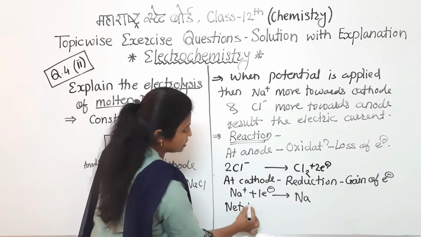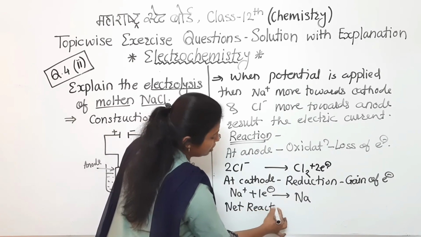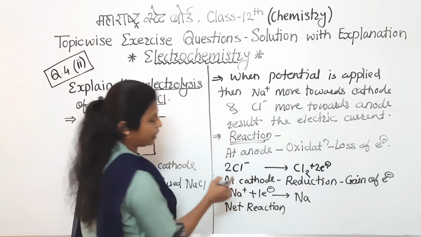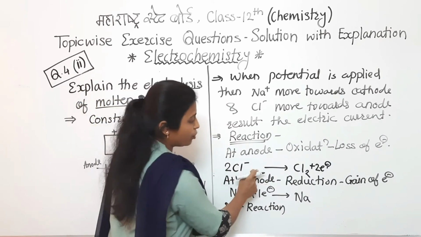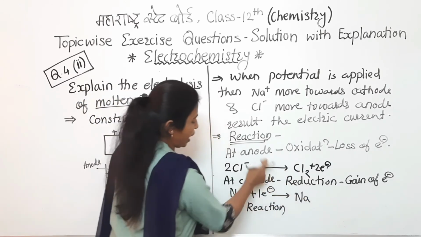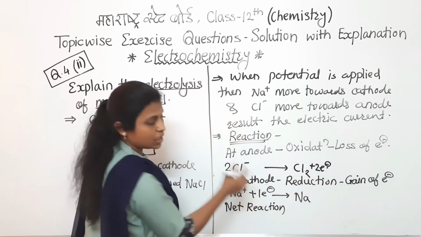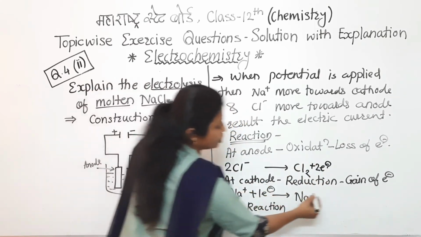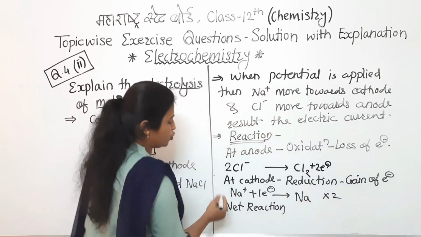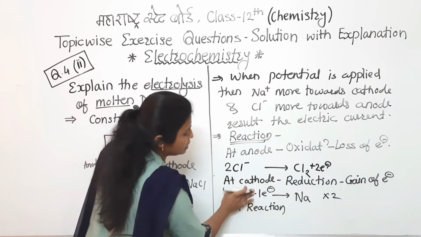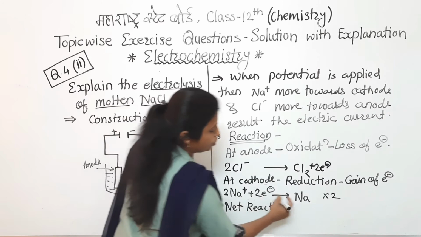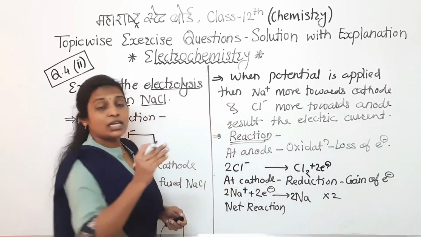Now what is the net reaction? The net reaction is nothing but the addition of the reactions which take place at the anode and cathode. The number of electrons should be the same for the anode and cathode reactions. Here 2 electrons are lost, but here there is a gain of only 1 electron. So we simply multiply by 2. So it will become 2Na plus plus 2 electrons gives 2Na.